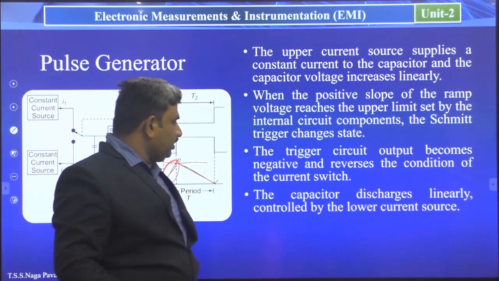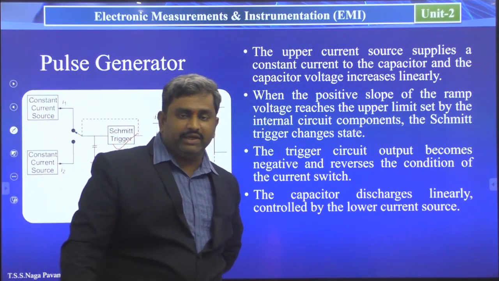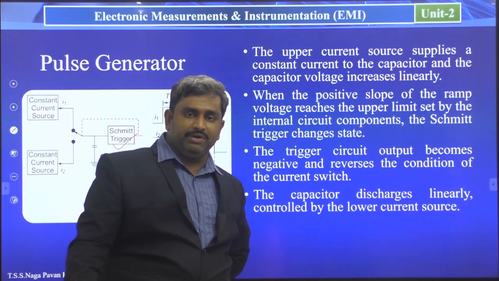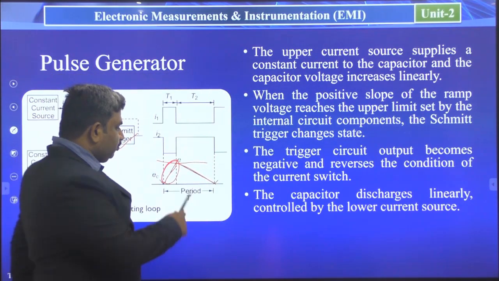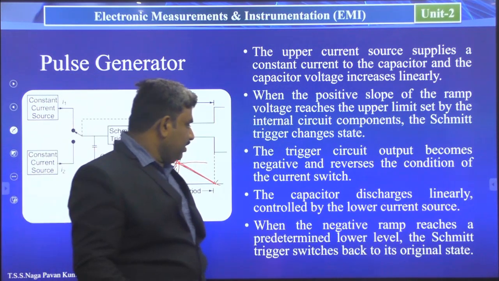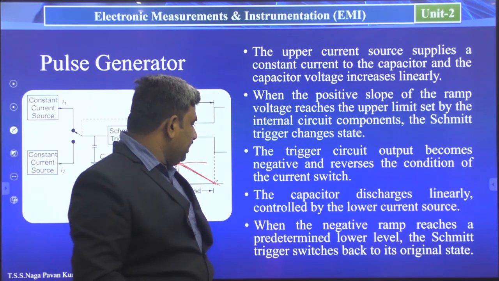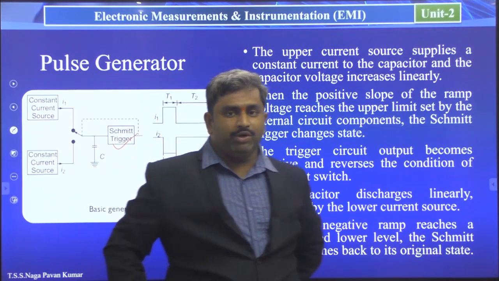Next, the capacitor discharges linearly when you are giving the lower current, I2 current, connected to the Schmitt trigger. The discharge part we are representing in this fashion at the T2 time period. When the negative ramp reaches a predetermined lower level, the Schmitt trigger switches back to its original state.